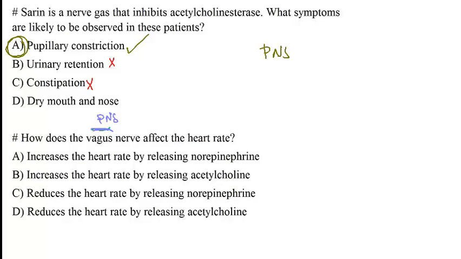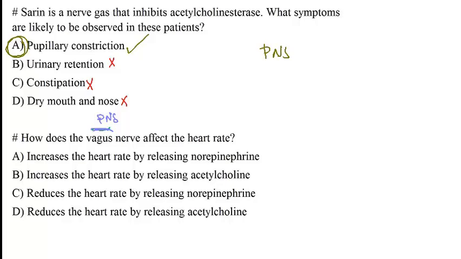So none of these answer choices would be related to PNS activation. And finally, the PNS also enhances secretion of watery saliva, so dry mouth and nose would not be a feature of the PNS. In fact, that would be a feature of the sympathetic nervous system.